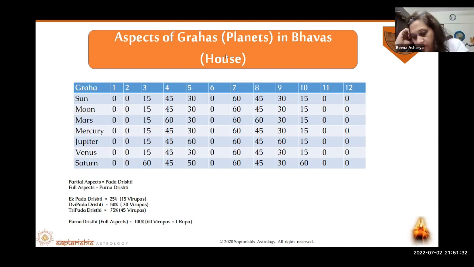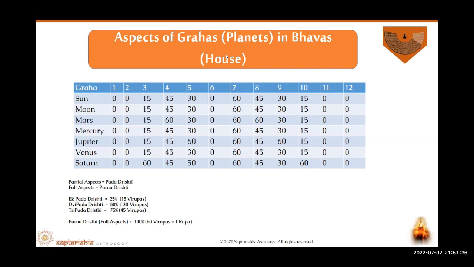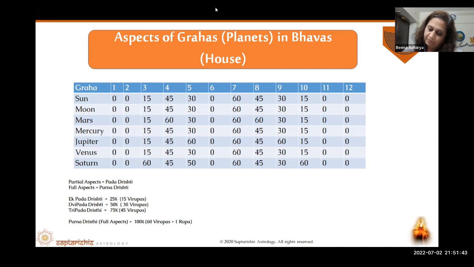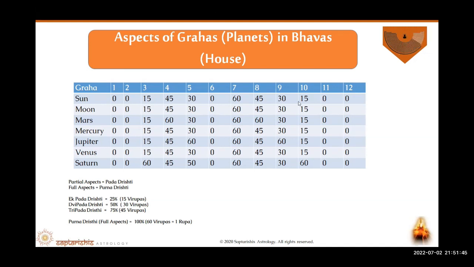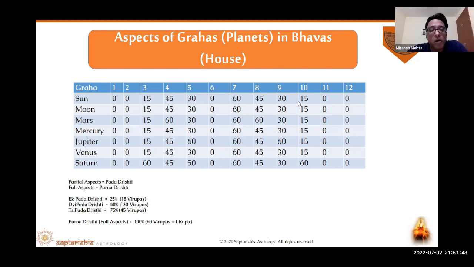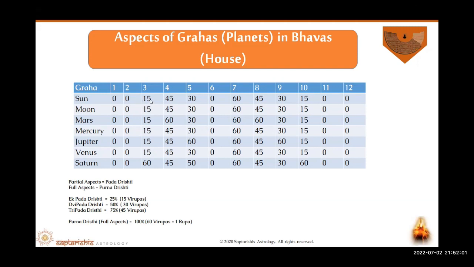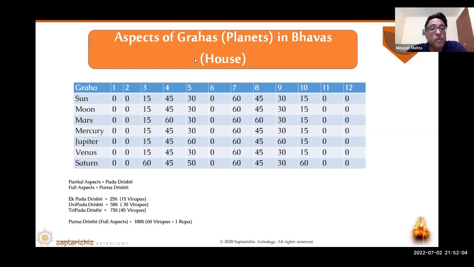And these rules which I am giving you are universally applicable regardless of whatever lagna you have. Yes, Mitanshi, go ahead. Sir, is there a logic behind this chart? Because I see that Sun has 25% influence on the third house and 75% influence on the fourth house.